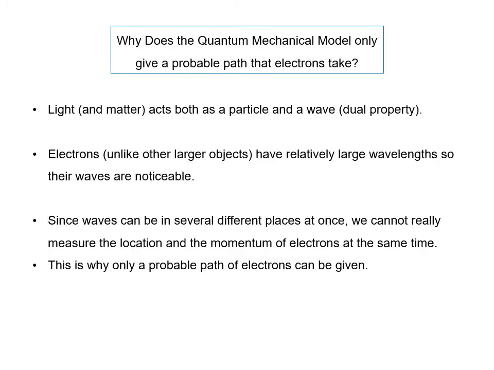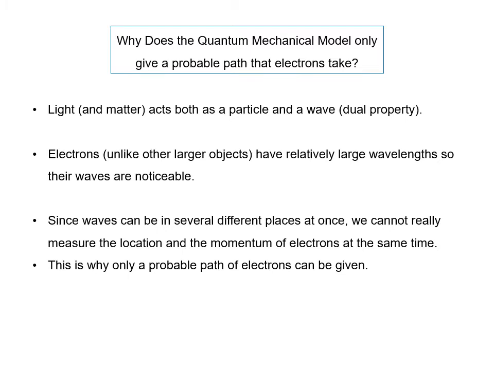So why does the quantum mechanical model only give a probable path that an electron takes? Well, it turns out that light, and other matter as well, acts as both a particle and a wave. We say that light has a dual property. It has a wave-like property and a particle-like property.